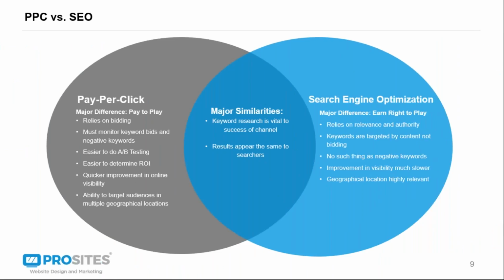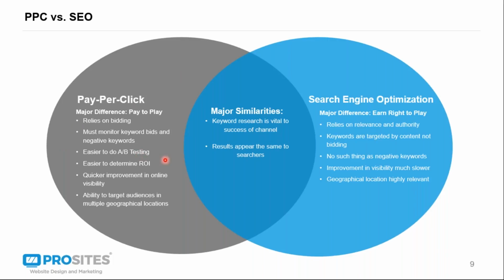All right, so what are some of the similarities and differences between the two channels? The major difference between pay-per-click and SEO is that with pay-per-click, you basically pay to play. You know how much your budget is, and you can figure out how much you want to bid on specific keywords, and you'll want to monitor keyword bids, and this is where negative keywords come into play.